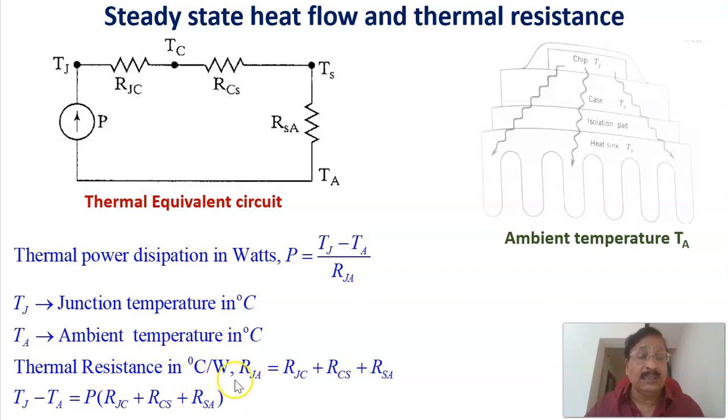The unit of thermal resistance is degrees centigrade per watt, and just like series resistances, RJA equals RJC plus RCS plus RSA. Therefore, from this equation, Tj minus Ta equals the thermal power dissipation in watts times the total thermal resistance, which is P into RJC plus RCS plus RSA.